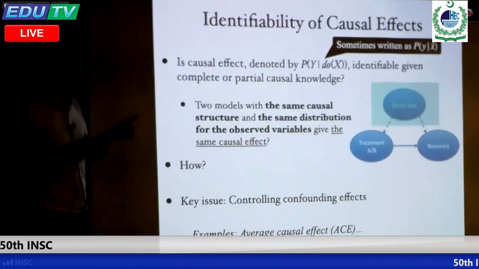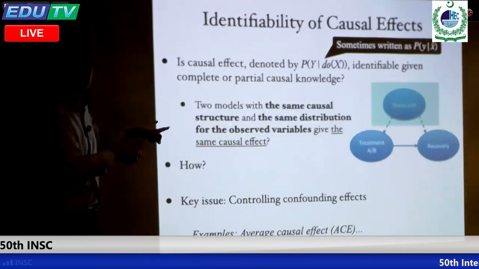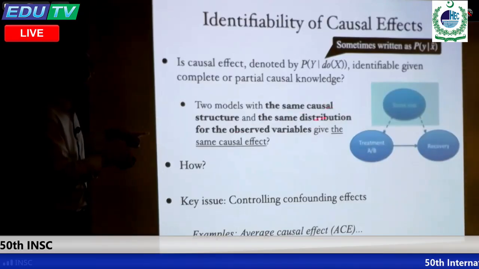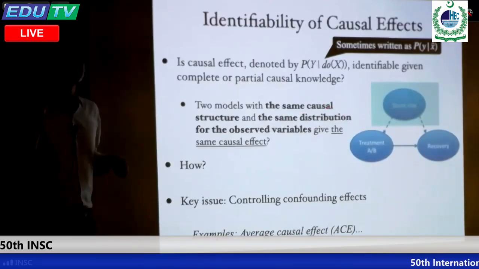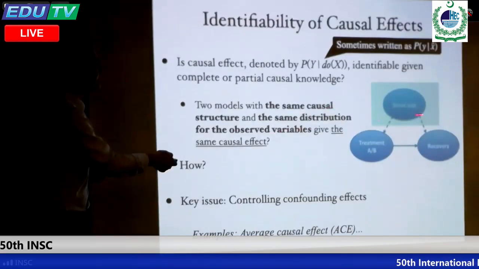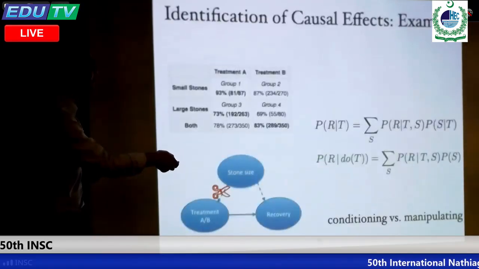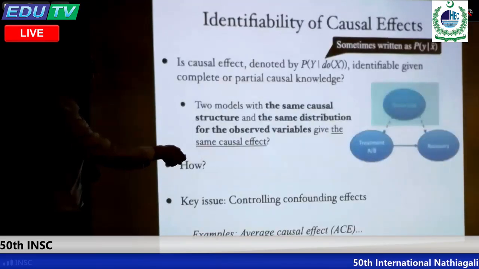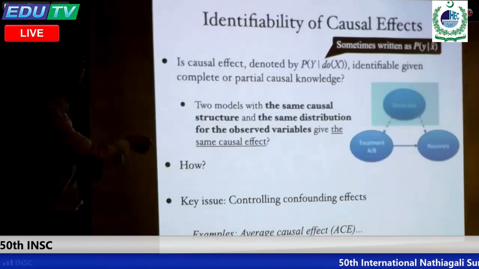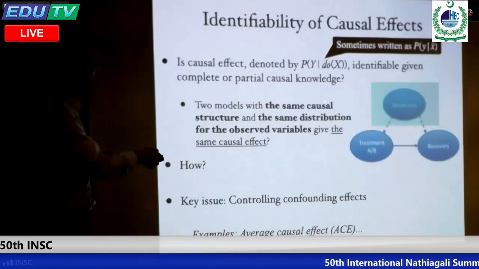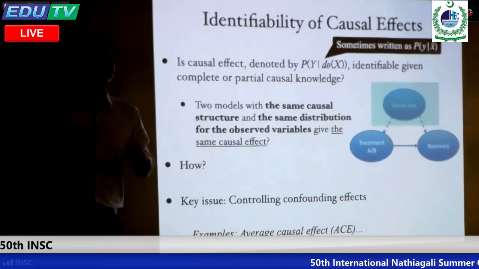Suppose you have two models with the same causal structure, the given structure, and the same distribution for the observational data, or observed data. Suppose this is the hidden variable. Then you only have this structure and the data for those two observed variables right here. Now, if they always give the same causal effect, then we say the causal effect is identified.